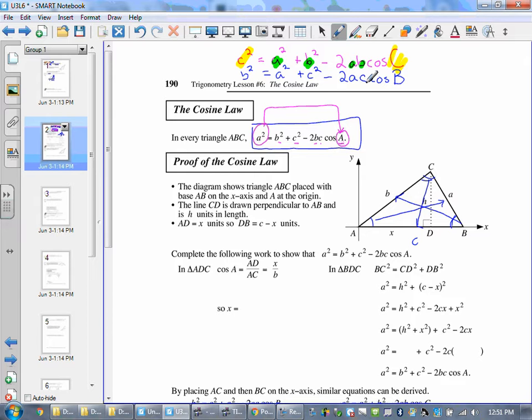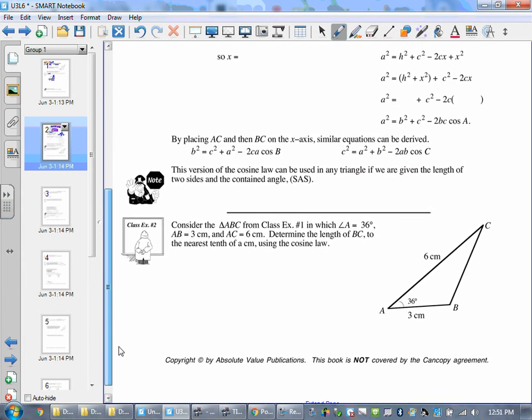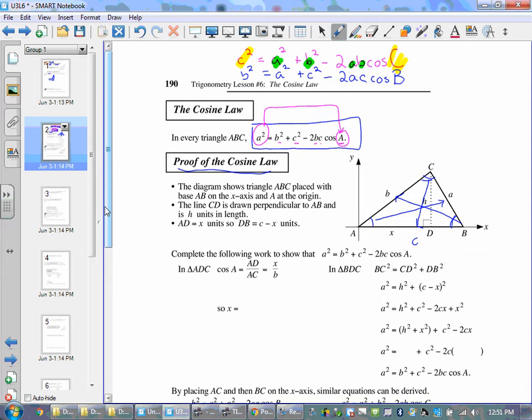Yeah, okay. So our book goes through the proof of cosine law, so basically the derivation of it. I'm going to skip that. If you're interested in where this law comes from, you could read this, and if you have any questions, we can go through it. You want to let me scroll back up? But we're going to skip the derivation and go right to using this law.